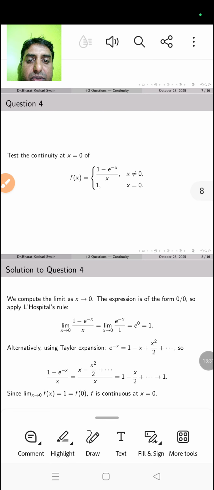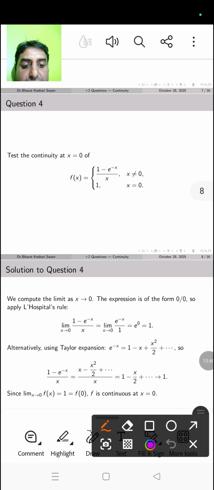So question number 4, test the continuity at x equal to 0. So we have to test whether the function is continuous at x equal to 0 or not. Okay, so this is another formula question. We just have to recall the formula to do the question.